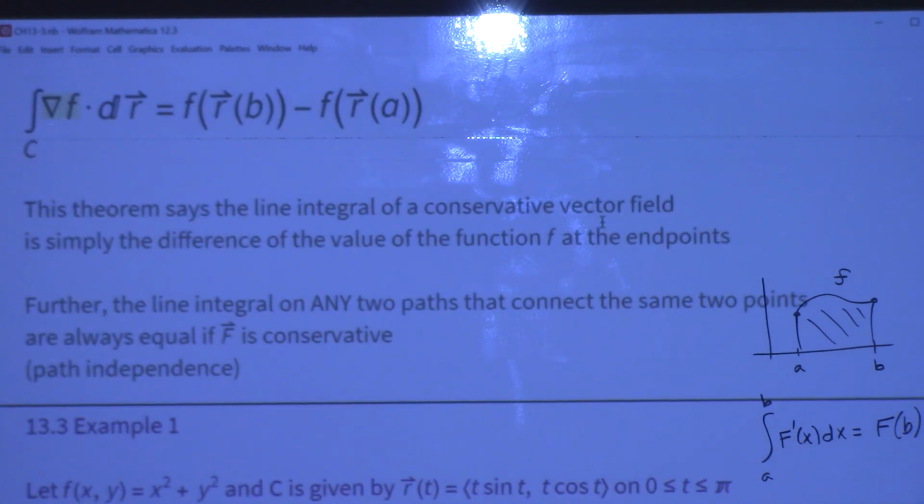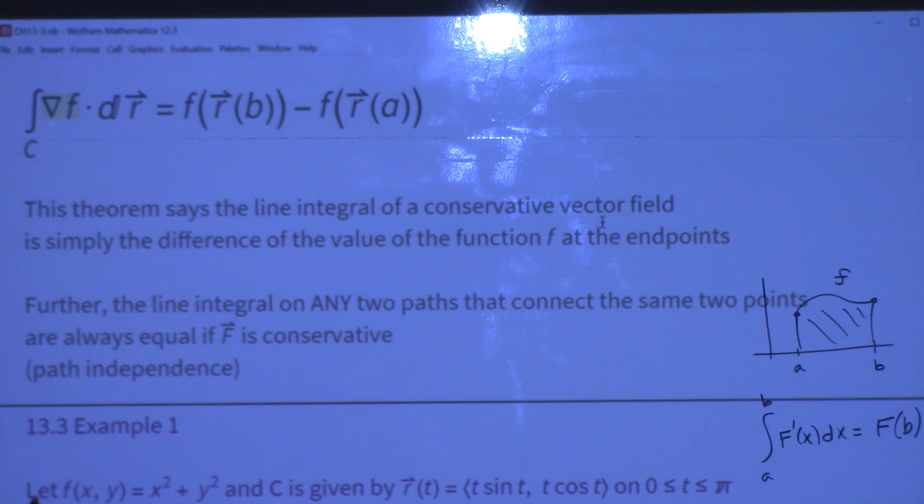we have this theorem says the line integral of a conservative vector field. What are they talking about? What's a conservative vector field? It's a vector field that comes from the gradient of a scalar function. So I defined this in 13.1. Said, hey, if somebody hands you a scalar function and tells you to find the gradient, that vector field you get, that vector function, is conservative because it came from a scalar function.